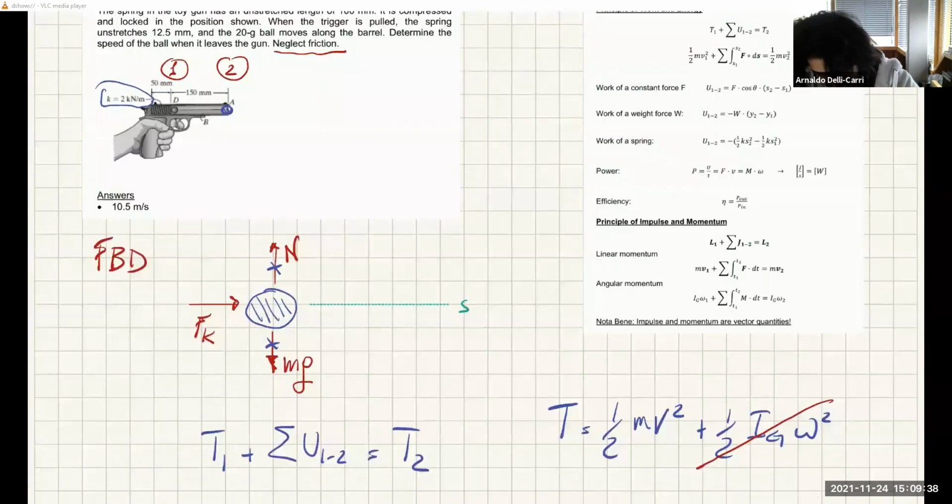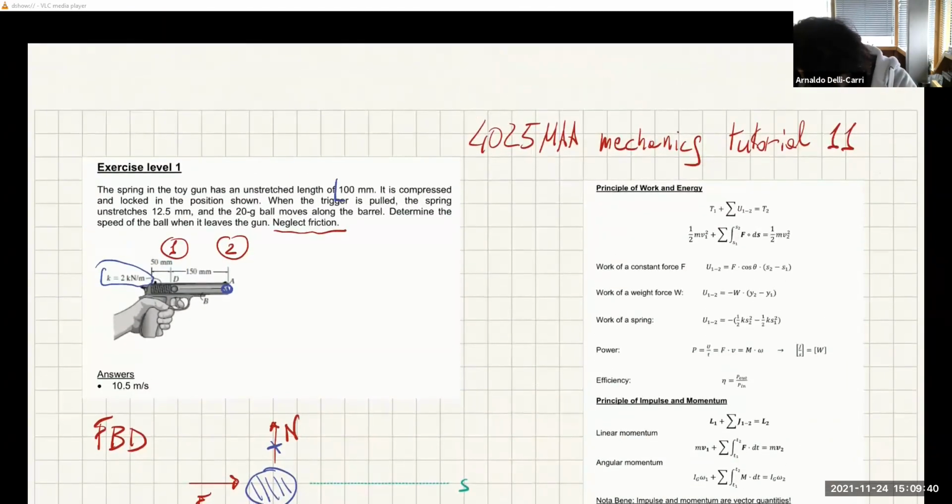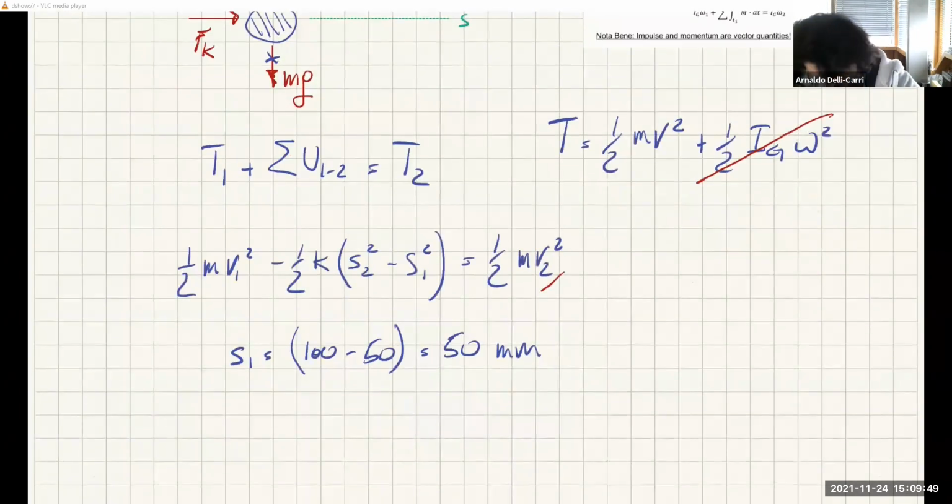Because the unstretched length of the spring is 100. At instant 1, the spring is 50 millimeters long. So the unstretched initial position minus the final position gives you 50 millimeters of stretch. In this case, it is compression.